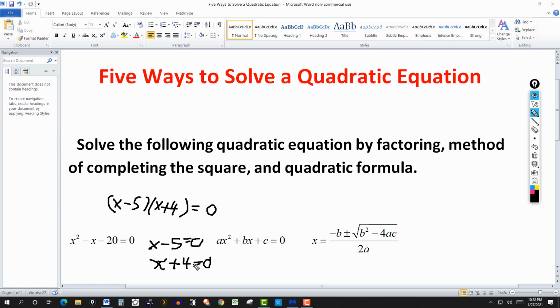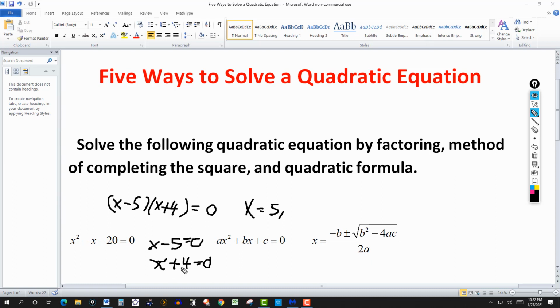So then we got x minus 5 equals 0. When is the product 0? Or when is that expression 0, I should say. Well, x minus 5 will be 0 when x is equal to 5, right? So we can say, okay, one solution would be x equal to 5. And then x minus 5 has to be 0, or x plus 4 has to be 0, or they both have to be 0 in order for this left side to equal 0.